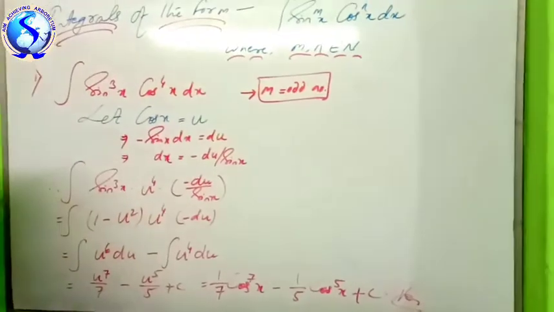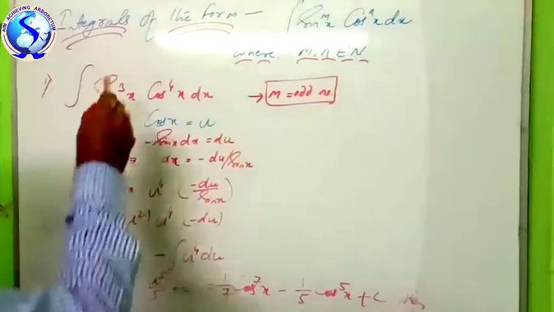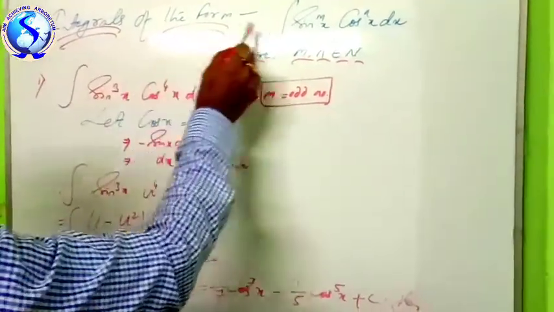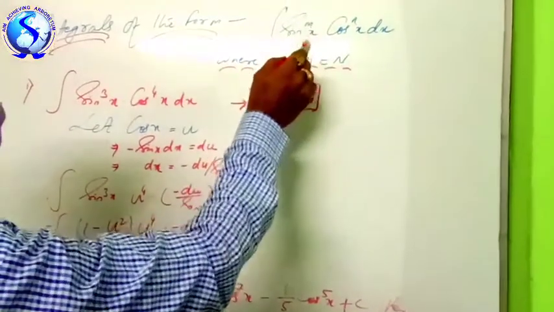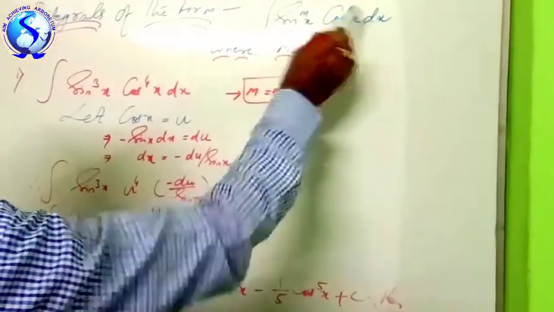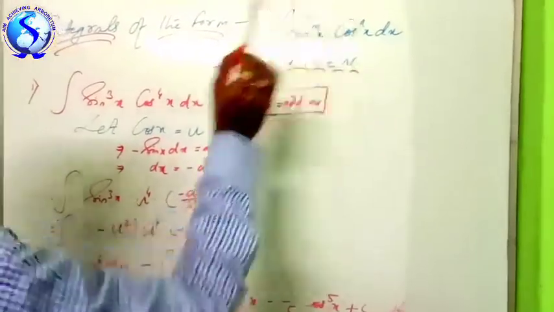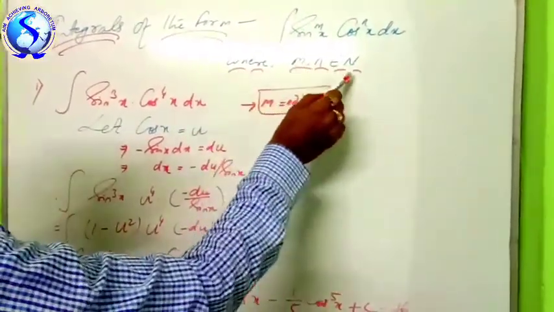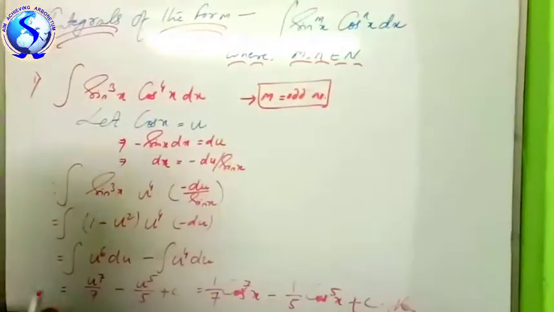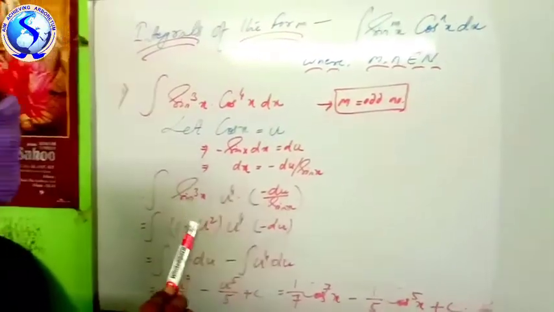Okay, let me explain again. Integrals of the form integration sin to the power m x into cos to the power n x dx. Here the power, meaning exponent, is m and n, where m and n belong to natural numbers. Natural means positive integer, starting from 1, not 0.